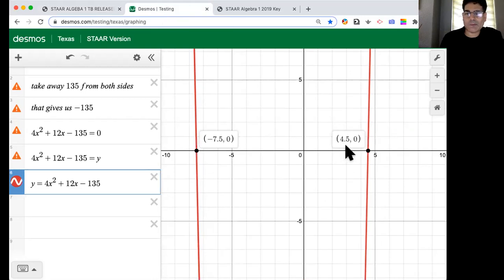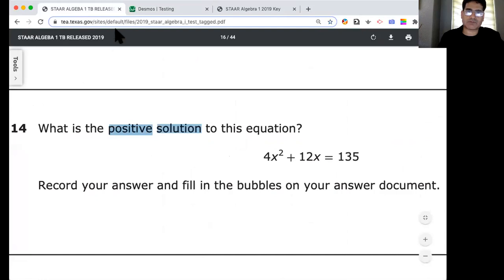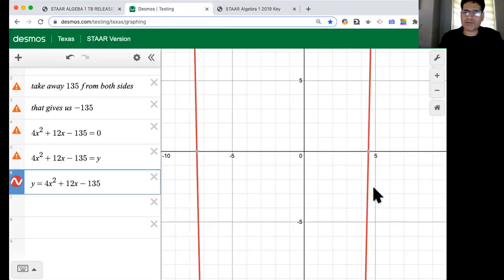You put it in your grid, and the positive would be 4.5. Would it be 4.50, 4.5? I'd have to look at what they give you for a grid. Let's take a look at the grid. That will be on your answer sheet. So be very careful what they're asking for here, because I'm not sure if the grid would be asking for 4.5 or 4.50, the coordinate.